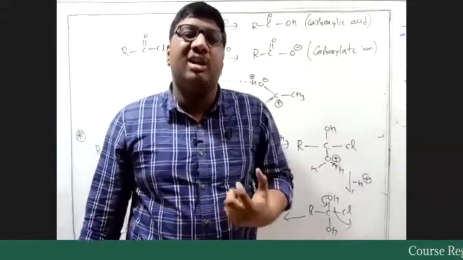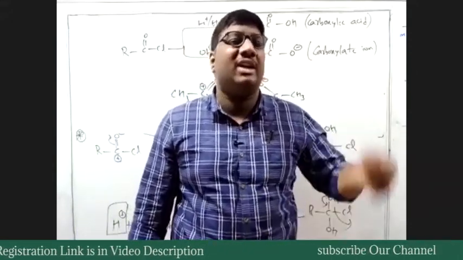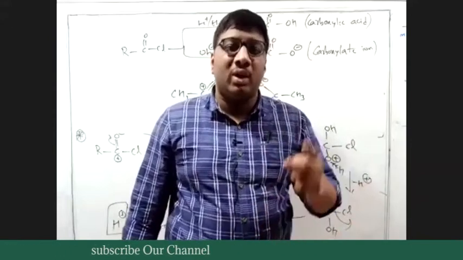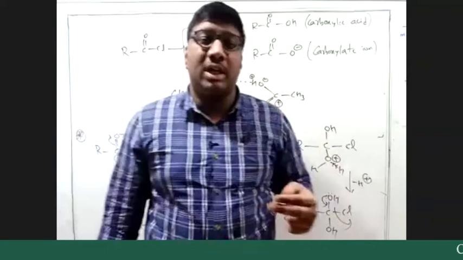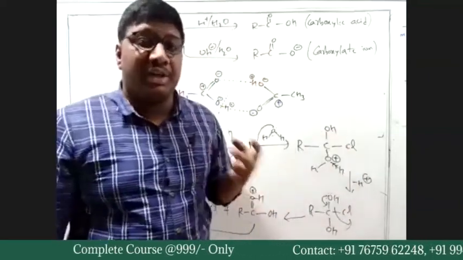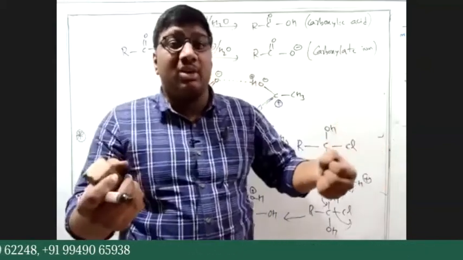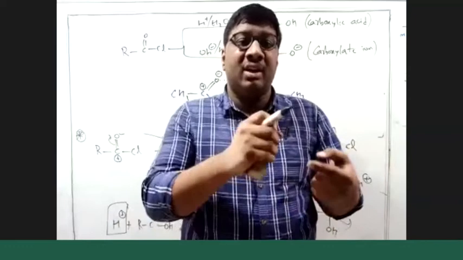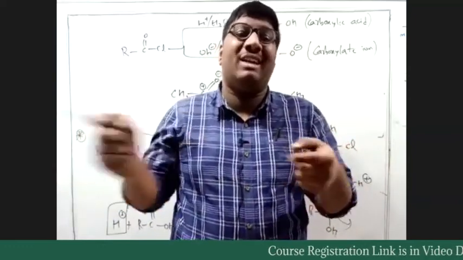If you take alcohol also, even alcohols have intermolecular hydrogen bonding, but you can have only one hydrogen bond. But in acid, if you take two molecules, we have two hydrogen bonding interactions, two hydrogen bonding sites. Whereas in alcohol, when you take two molecules, you have only one site. One O minus from one alcohol and H plus from the other alcohol will have interaction.